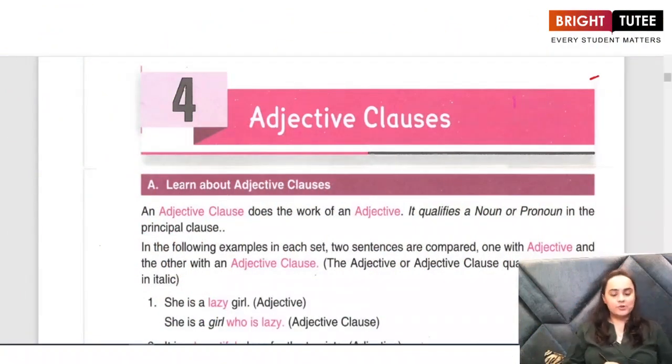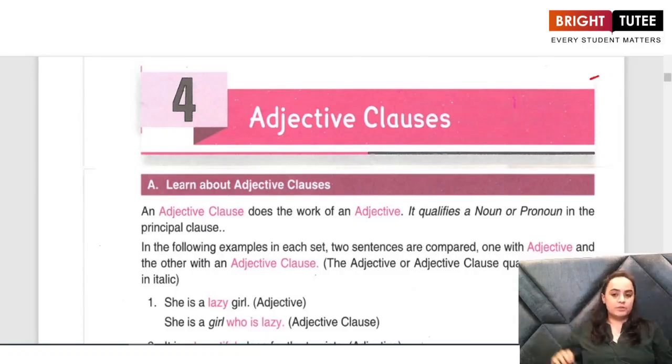So, in this lecture, we are going to learn about the different types of adjective clauses. Now, I'm sure you must have seen the videos for the previous chapters of your grammar topics as well. We have learned about the noun clauses, when the noun clause takes the position of a subject, object, preposition, and everything.